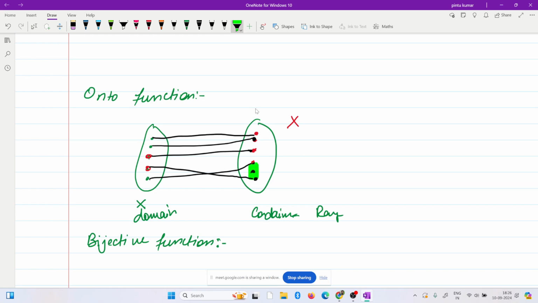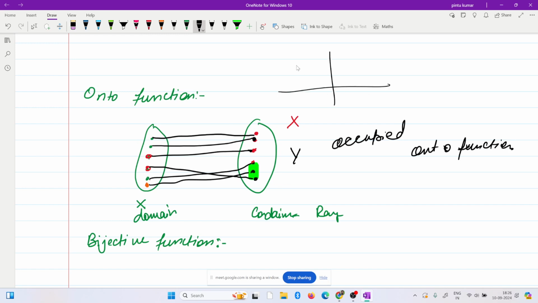If we had one more element and we mapped it to this particular element, then all the elements on the y side would also be occupied. Those kinds of functions are called onto functions. More formally speaking, if every element of y has a pre-image, then that function is called an onto function.